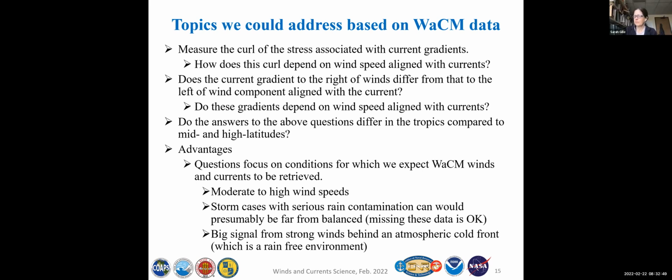In the prior work, we did use a wave dependency, and we used a Taylor and Yelland stress. The stress model was dependent on those waves as per Taylor and Yelland's model, which is a pretty good fit to data, even if there are aspects of what we know are wrong in terms of winds and currents going in the opposite direction. When we used that wave model, the waves were clearly non-negligible.